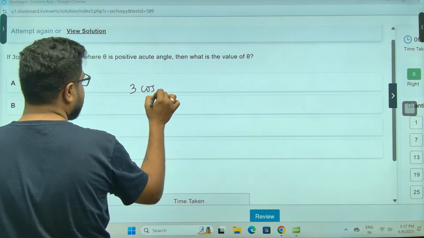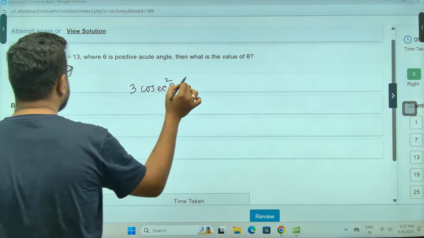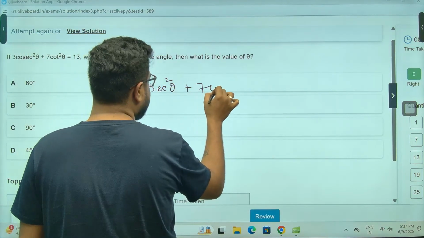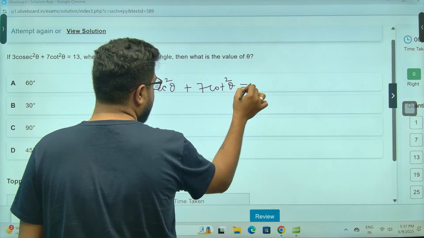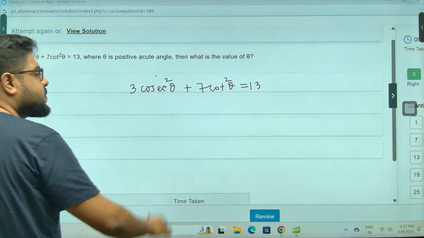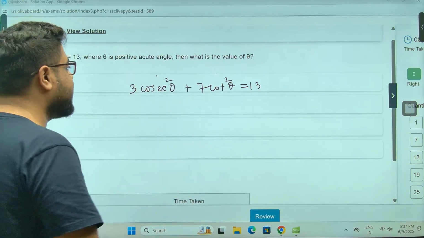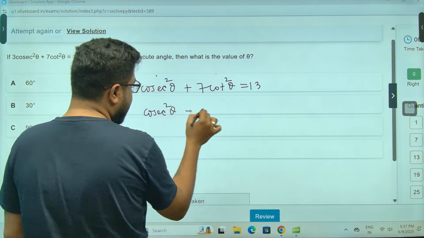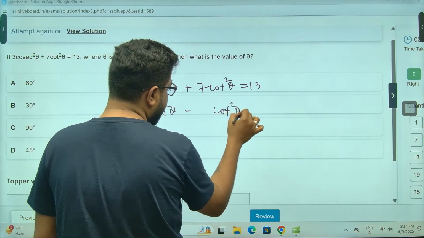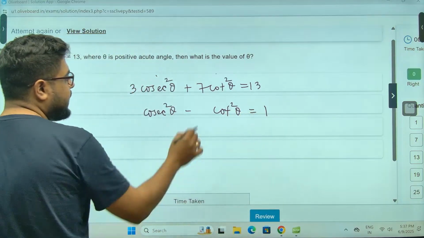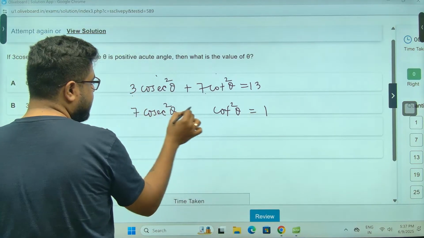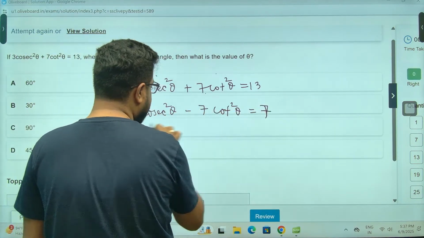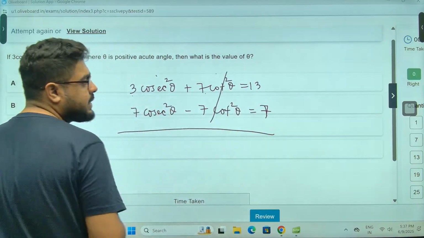Cosec square theta and cot square theta, I told you, are very important, because we already have another equation. So I'm writing 3 cosec square theta plus 7 cot square theta. Cosec square and cot square already have one identity: cosec square theta minus cot square theta is equal to 1. Now I need 7 here, so multiply this equation by 7 and take the addition.